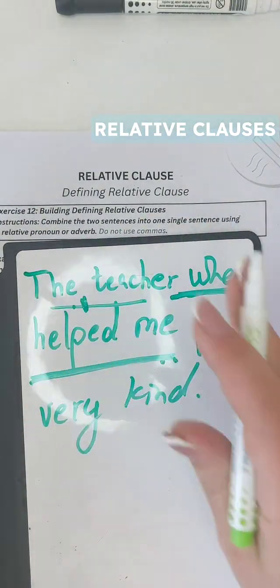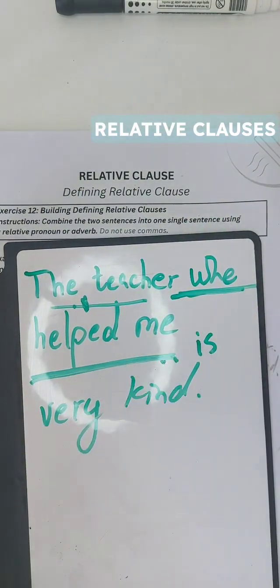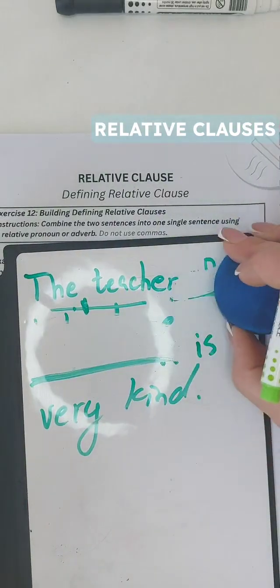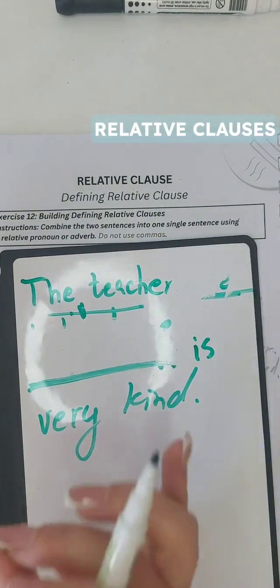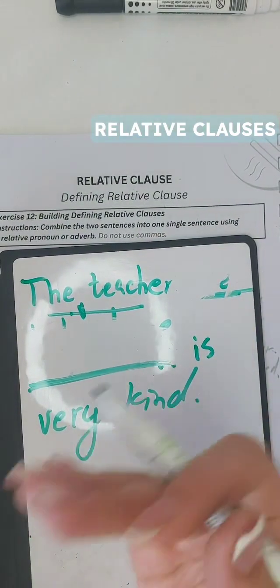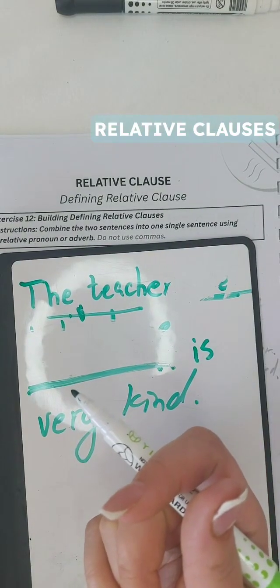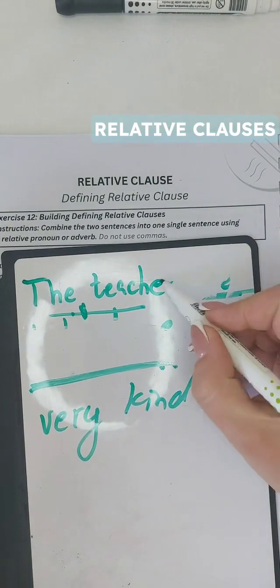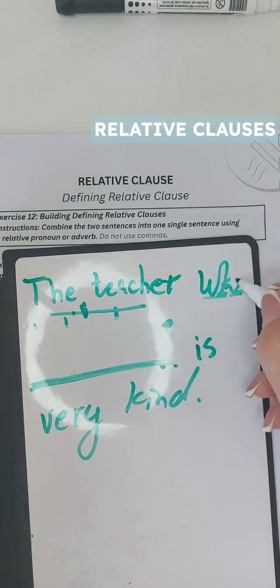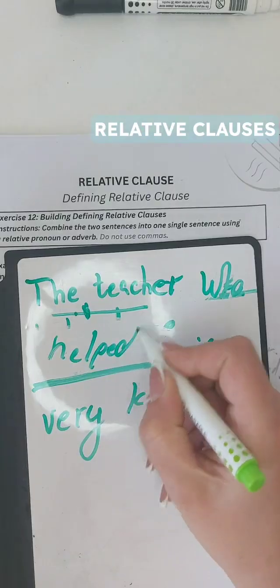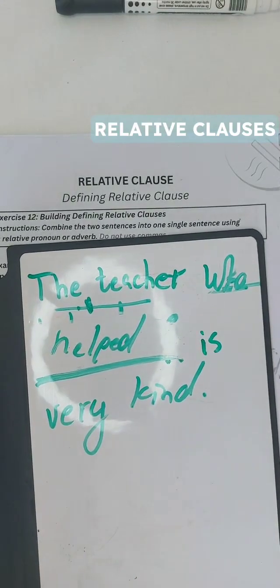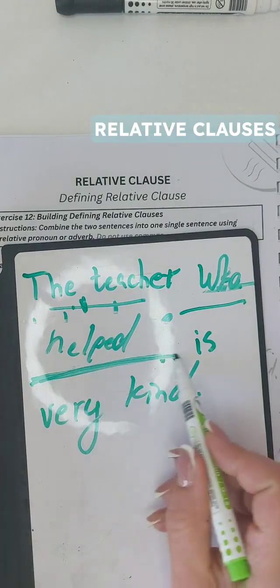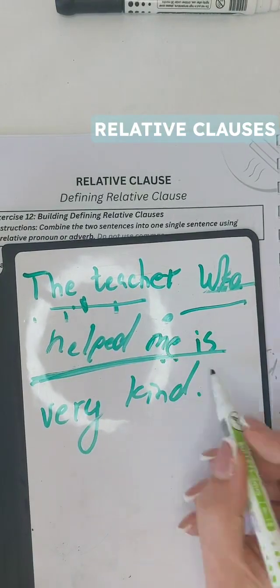Imagine there are lots of teachers, okay? If we only say the teacher is very kind and there are lots of teachers, the listener won't understand who you are talking about. We need essential information. So the teacher who helped me is very kind. Okay? Who helped me is very kind.